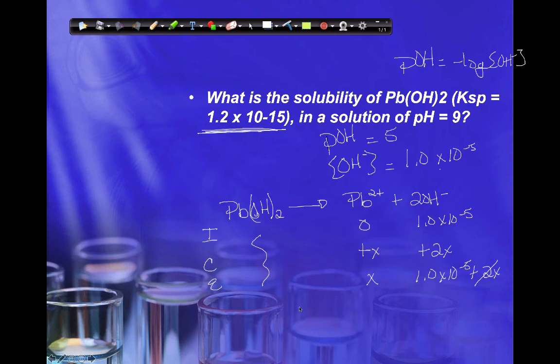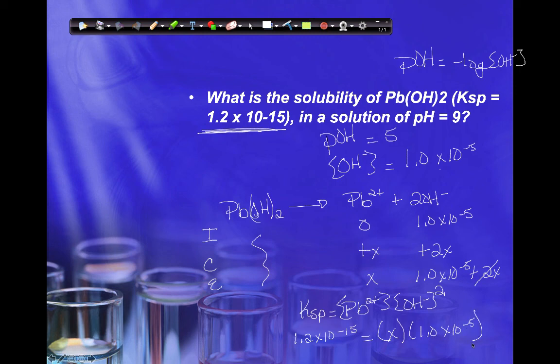So my Ksp is going to be equal to my lead multiplied by my hydroxide squared. Don't forget that. That's why we look to write things out. So my Ksp is equal to 1.2 times 10 to the negative 15th, which is equal to x multiplied by 1.0 times 10 to the negative 5th, squared, and we leave out that 2x because it is negligible.